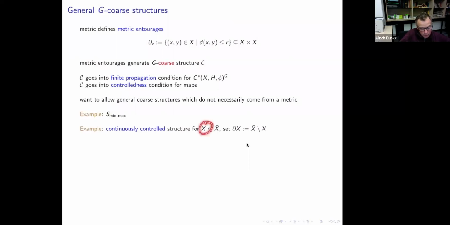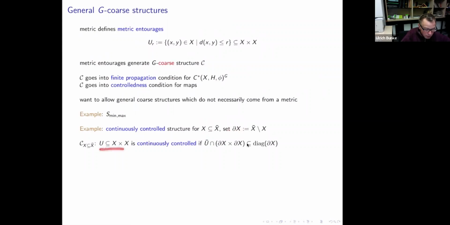So let's take a Hausdorff space and assume it's contained in a bigger space, which I call X bar. I'm thinking of some sort of compactification or partial compactification. The complement of X in X bar, I will denote by ∂X. I think of this as some sort of boundary.